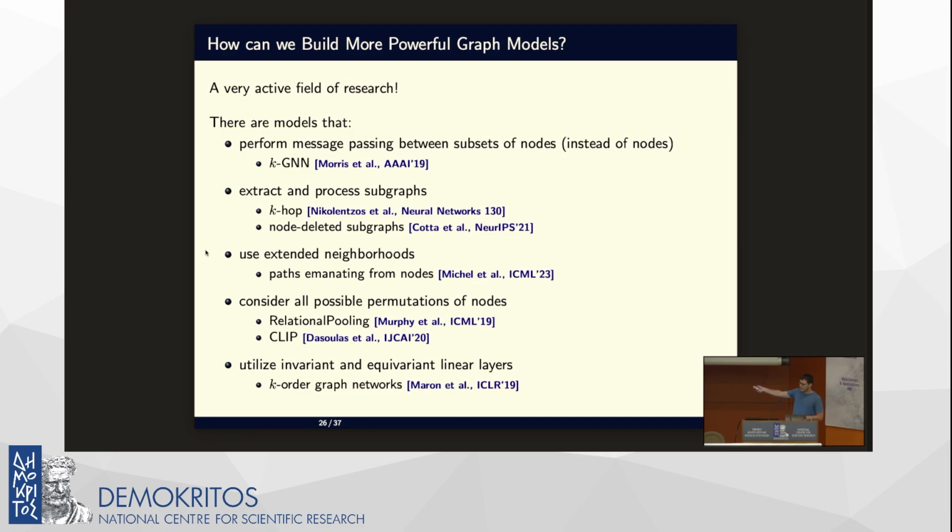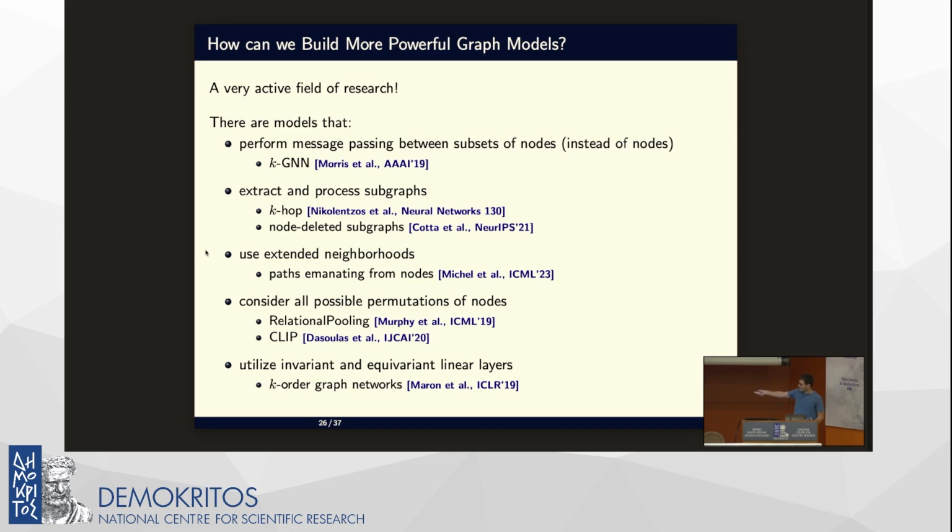Another approach is to extract subgraphs from a given graph, then compute representations for the subgraphs and somehow combine those representations. We can use extended neighborhoods. So instead of aggregating the representations of the neighbors, we can aggregate representations of paths, for instance, emanating from the nodes. We can consider all permutations of nodes.